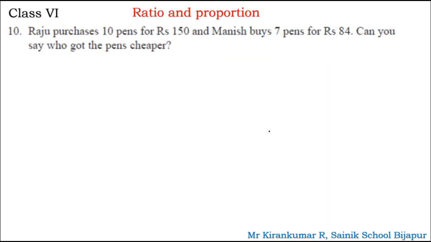Question 10. Raju purchases 10 pens for rupees 150. Manish buys 7 pens for rupees 84. Can you say who got the pens cheaper? So here there are two people. So separately let us solve for those two people.